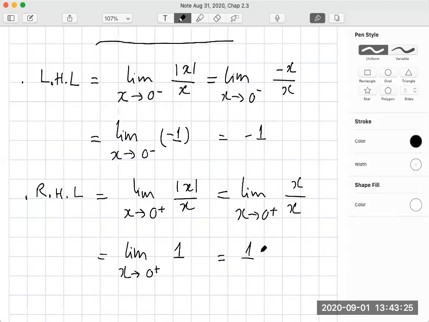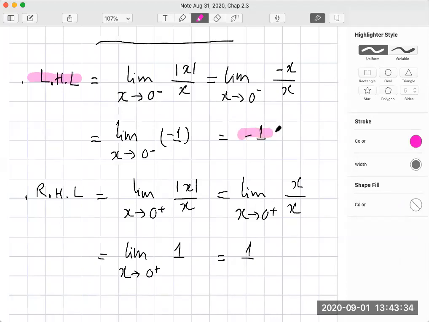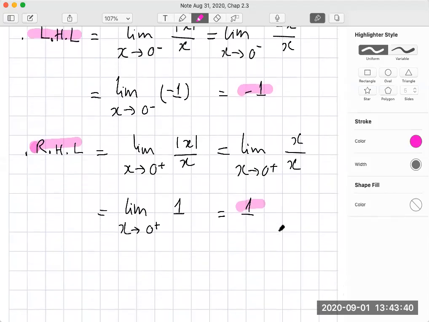But now we see the left-hand limit is -1, but the right-hand limit is 1. What does it mean? It does not exist, right?